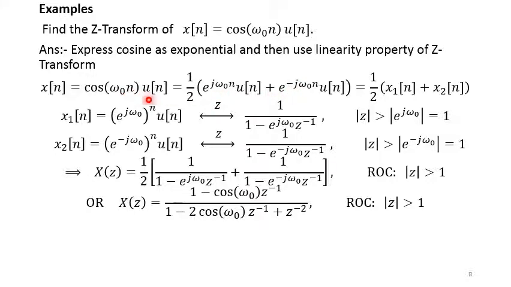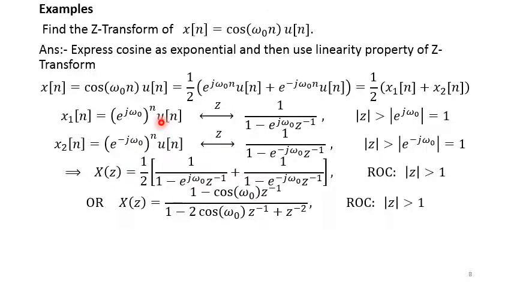So we can express it as two signals, one this exponential, one this one, and u of n multiplied with both of them. So that means x1 of n equals e power j omega naught n u of n, and x2 of n equals this one. So hope this gives you idea.